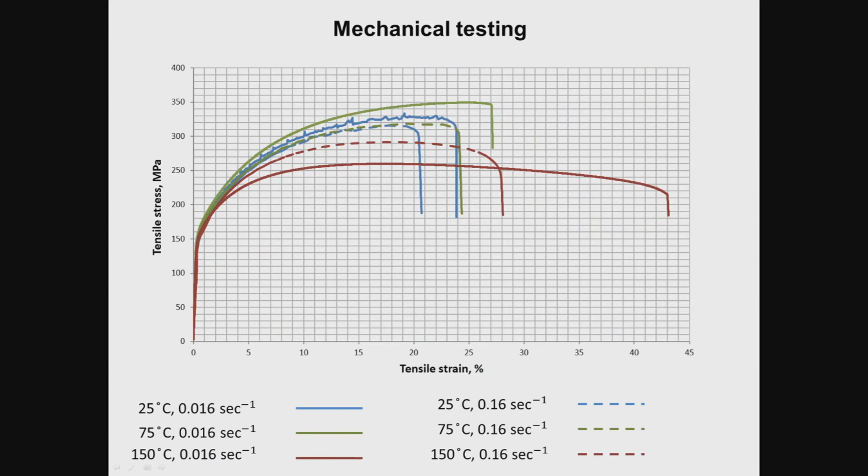So on the first stage of the study, quasi-static loading with 0.016 and 0.16 strain rates for 25, 75 and 150 Celsius was performed. We obtained sigma-epsilon diagrams, which allow us to evaluate Young's modulus for each type of loading condition and to obtain stress and strain values at maximum load.